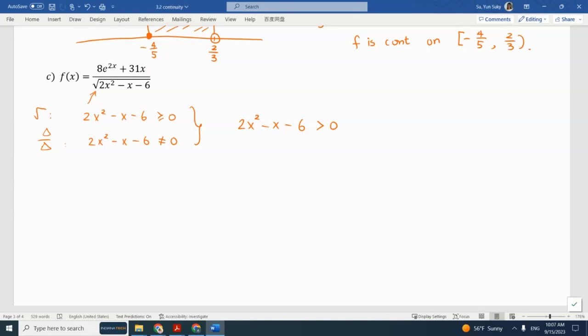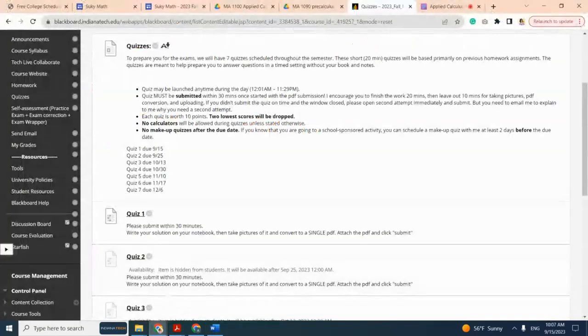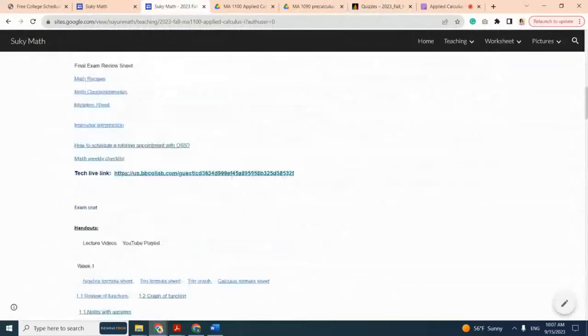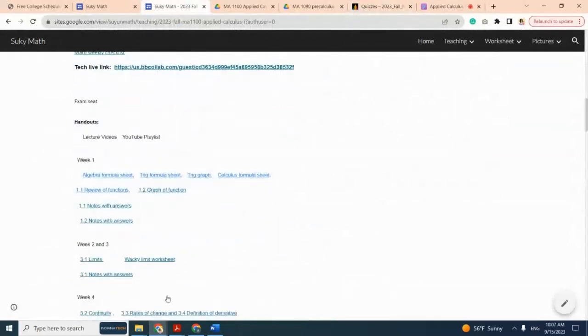Okay, everybody? Recall, how do we solve an inequality? You move all the terms to one side, and you factor it. Let me remind you. If you don't remember, go to your first week's worksheet.